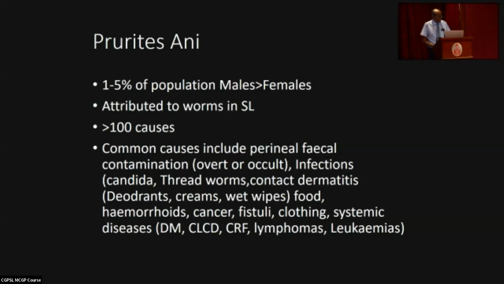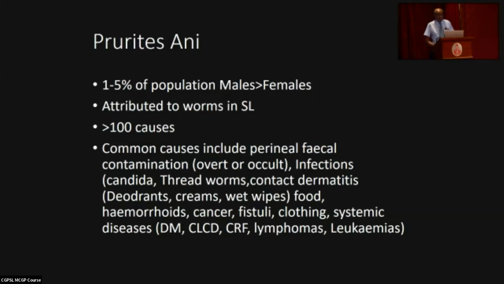Then moving more on to Suranjit's area, various foods cause allergies specifically in that region. Caffeinated drinks, alcohol, peanuts, all these things have been implicated. Then hemorrhoids, occasionally cancers, fistulae.